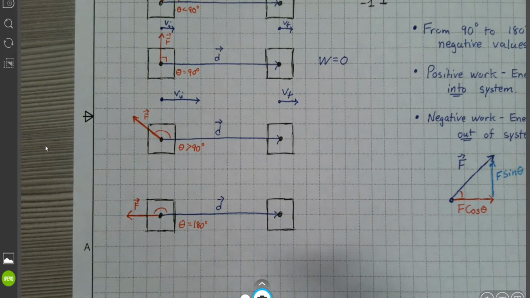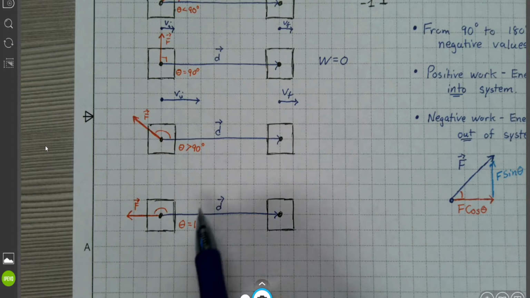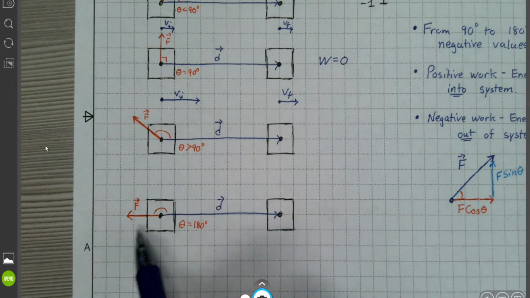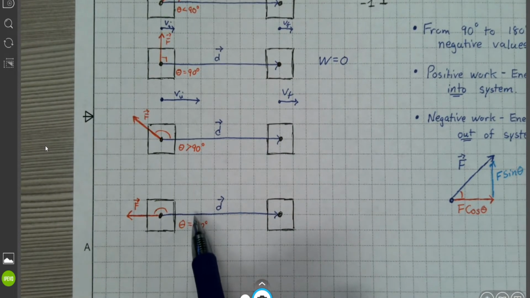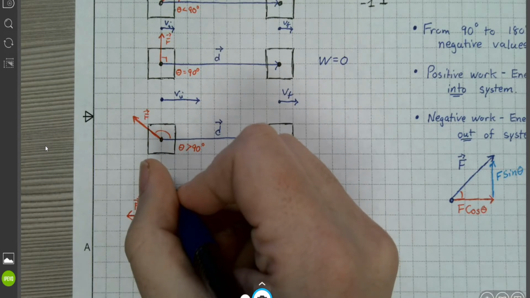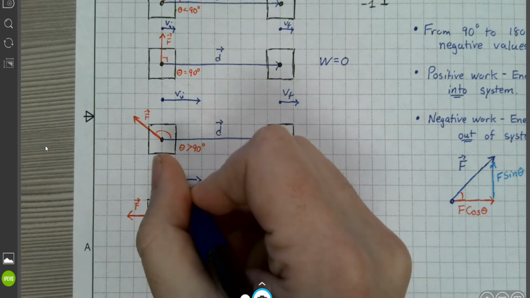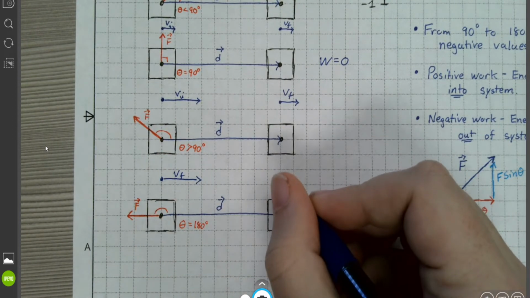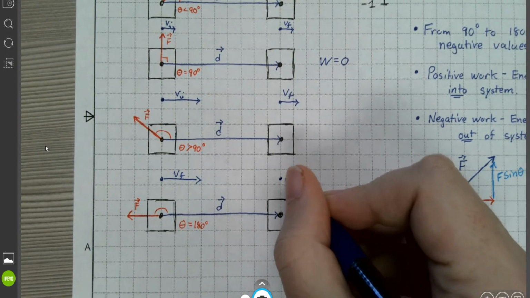Okay. And then likewise, if the angle is right at 180 degrees, this gives you the complete opposite of them being in line with each other. They're in line with each other, but they're in the completely opposite direction. So once again, you're going to get negative work on this. So if you started off with a velocity that was much larger, this is going to decrease the velocity by an even greater amount.